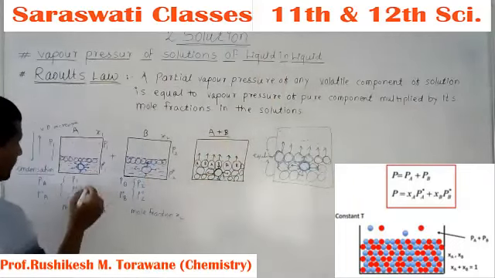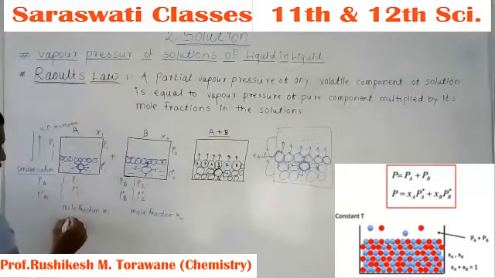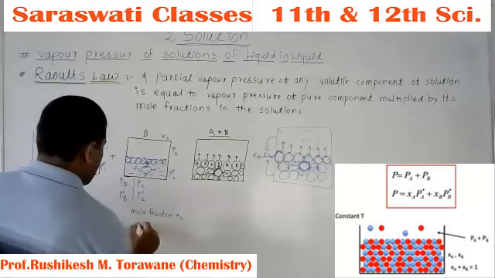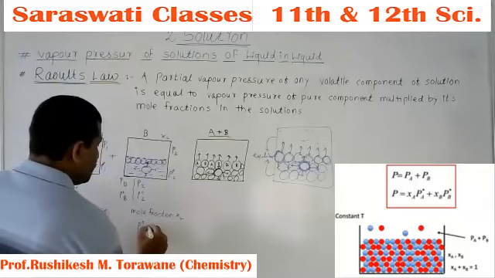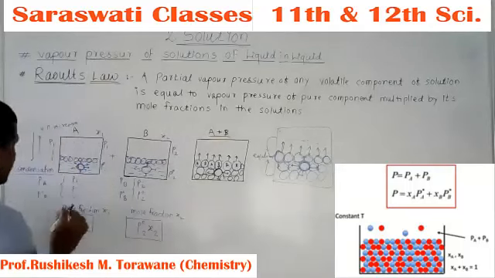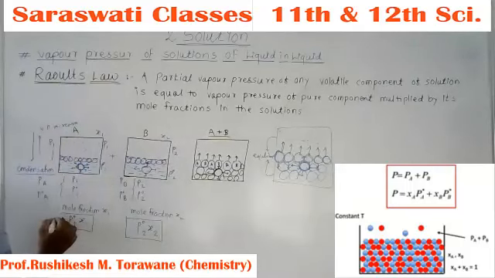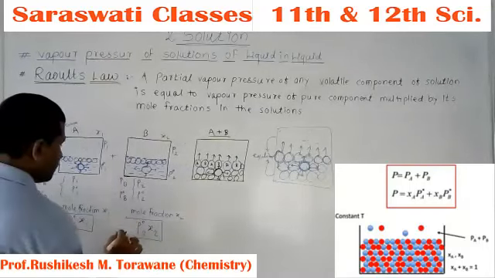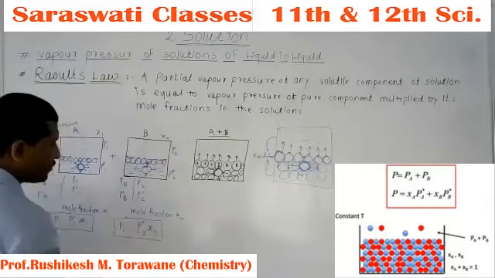Means we can write the multiplication of P01 into x1, and P02 x2. It's very easy. P1, P2.